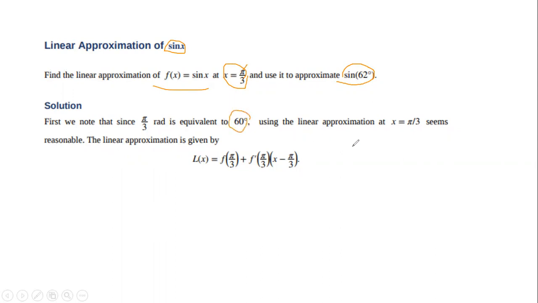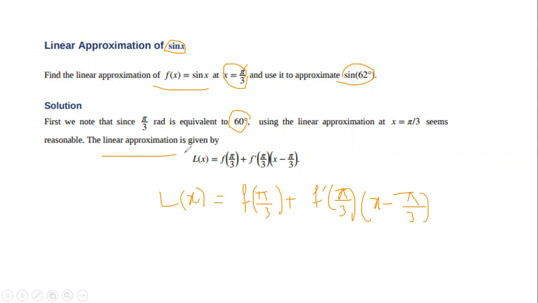Using linear approximation at x equals pi upon 3, L(x) will be the function value at pi upon 3, plus the derivative at pi upon 3 times (x minus pi upon 3). This is the linear approximation.